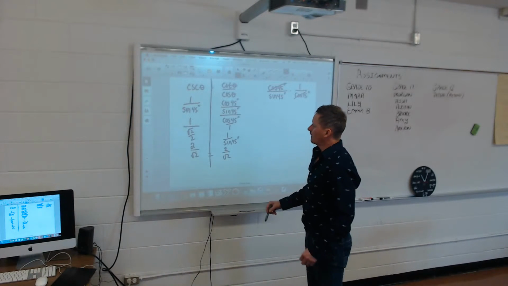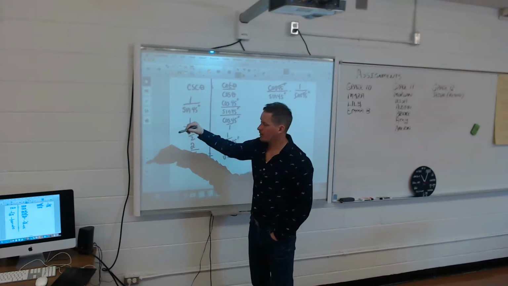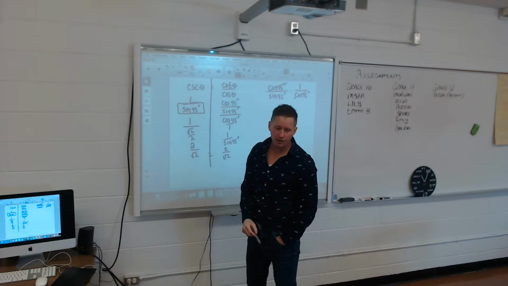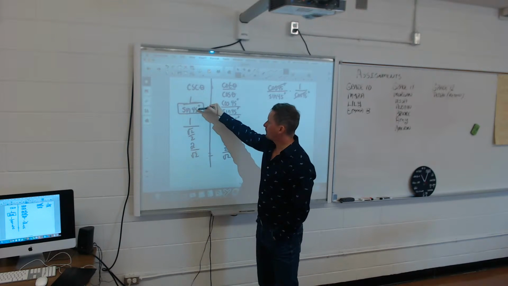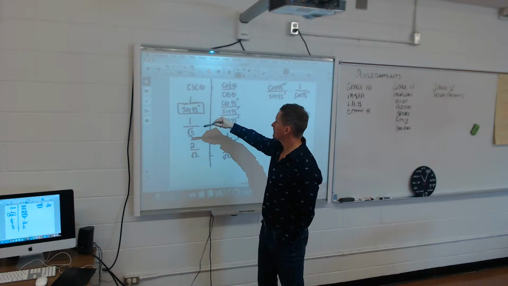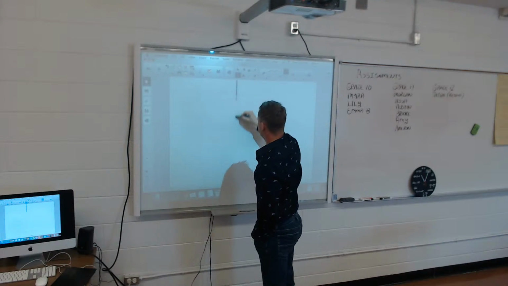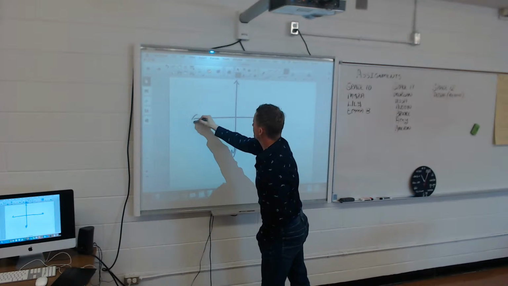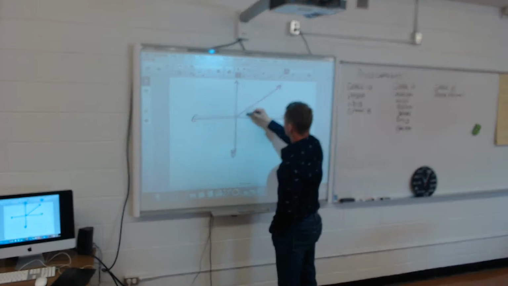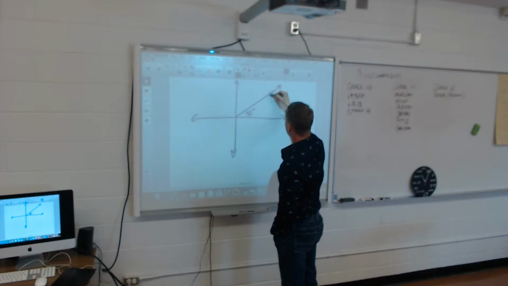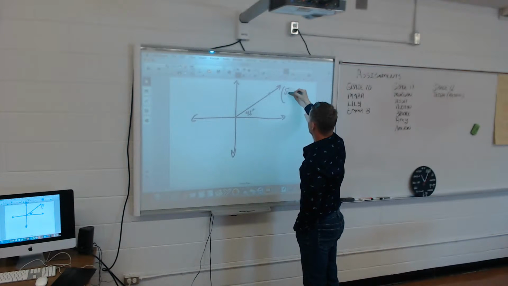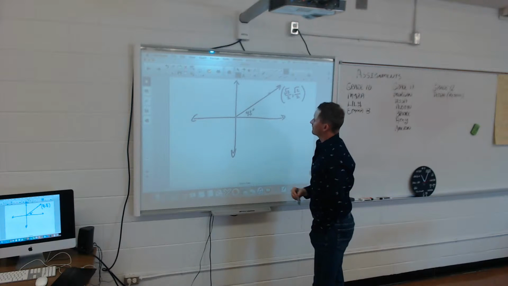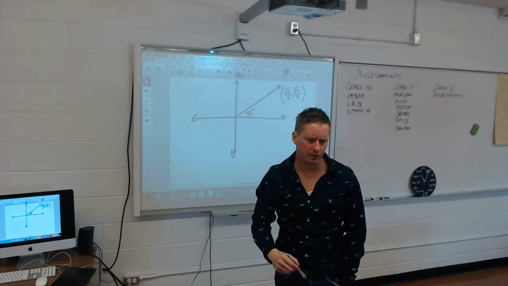On your unit circle, so hopefully you have your unit circle out, sine 45 degrees is root 2 over 2 and root 2 over 2.